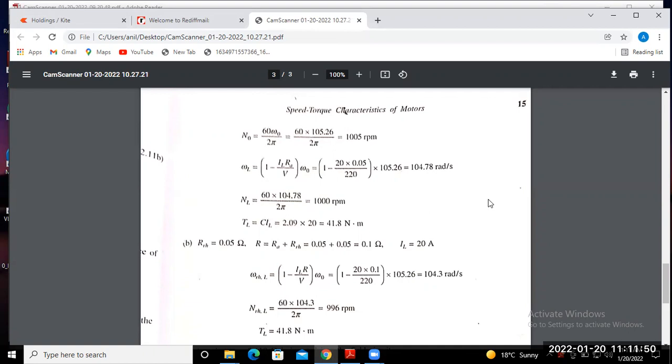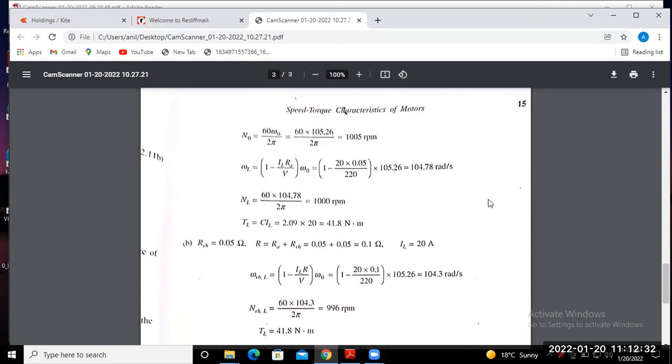So put here the omega RHL value, that is 104.3 radian per second. And here the value of pi you may put as 3.17. Okay. So 60 into 104.3 divided by 2 pi, if you simplify, you will get almost 996 RPM.